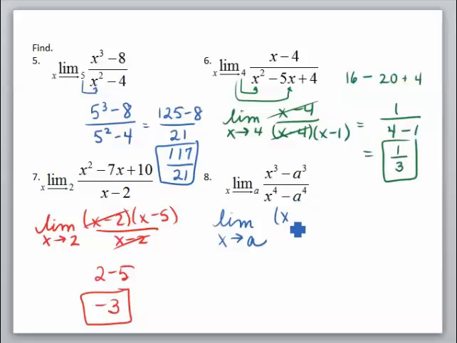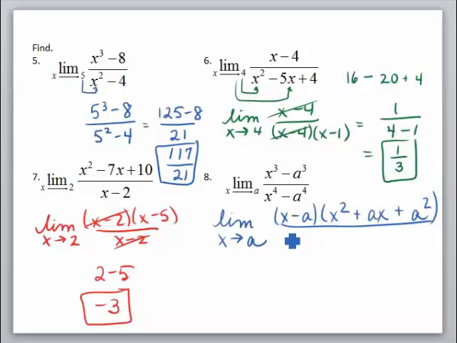A difference of cubes is factored into x minus a, and it's x squared plus ax plus a squared over, I have x squared minus a squared, and then x squared plus a squared. But this is another difference of squares, so I'm going to just go ahead and erase this right here and put in x minus a, x plus a.